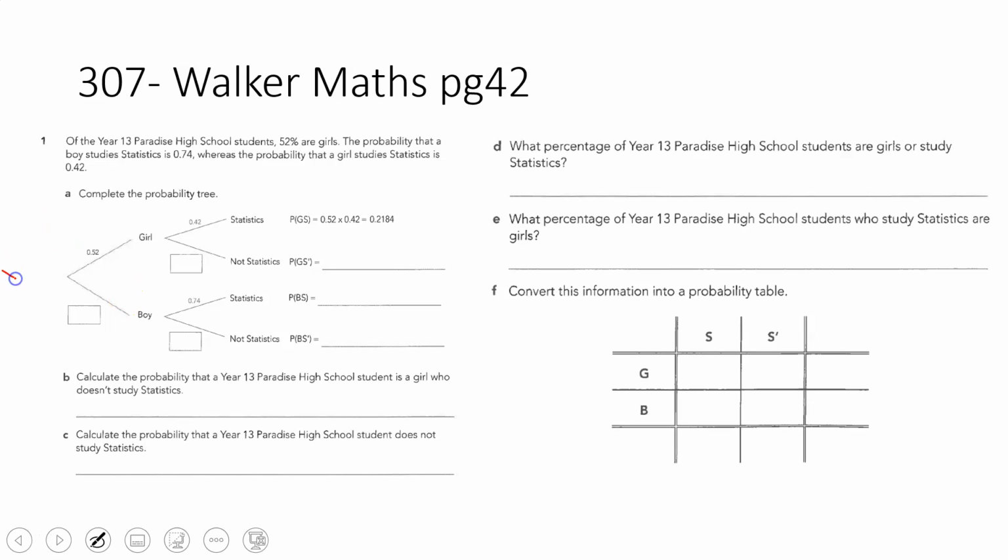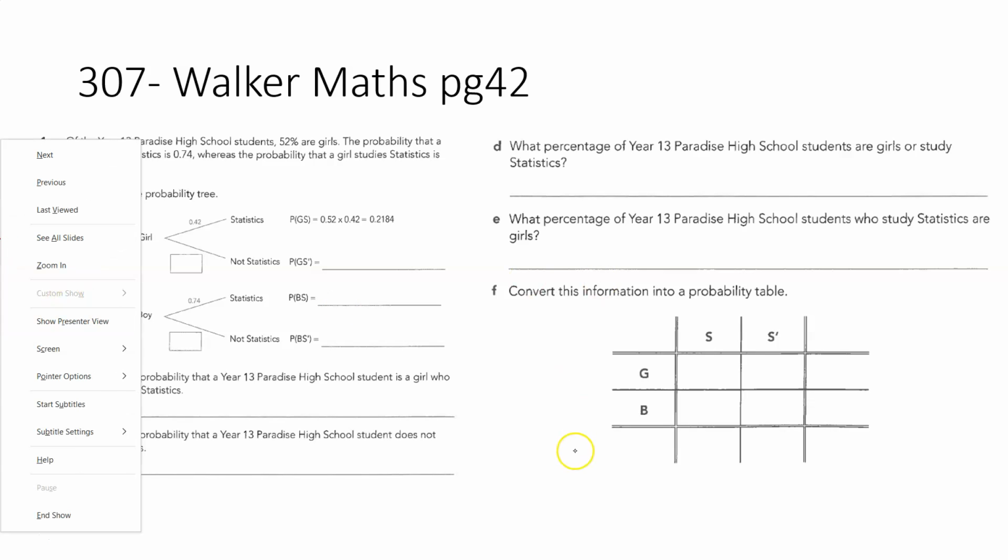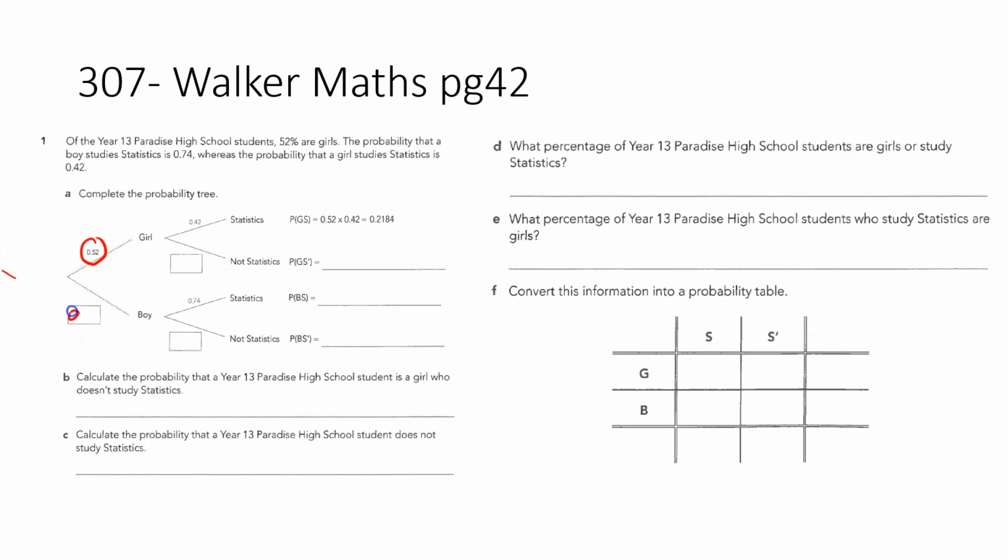The first event is whether they're a boy or girl. If it's 52% that they're a girl, it must be 0.48 that they're a boy, because those two values should add up to 1.